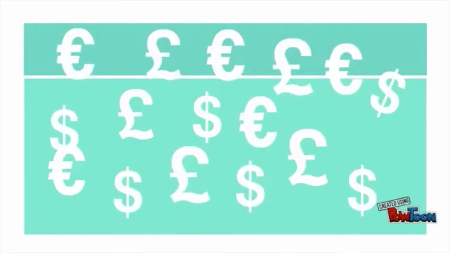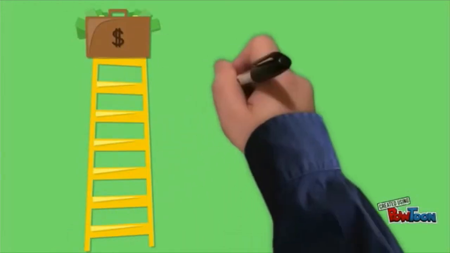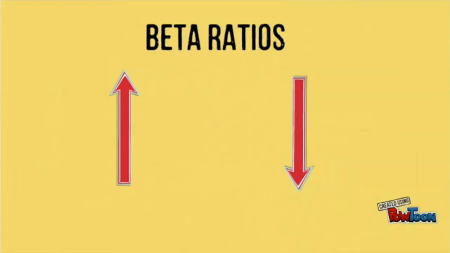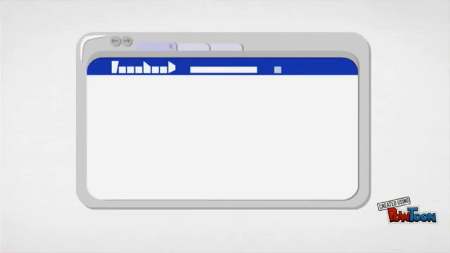Number 3, drawdown. According to Levy Falk of fundlibrary.com, a drawdown is the loss incurred in a fund from any high point in the fund's value until the fund recovers that value. And number 4, beta ratios. Beta ratios are used to measure risk of an investment related to the risk of a comparable market benchmark.